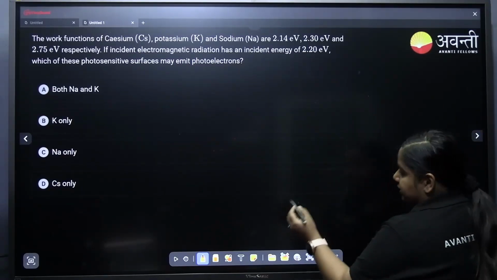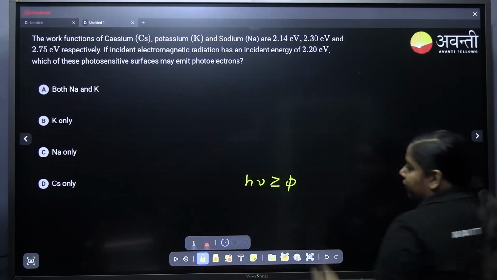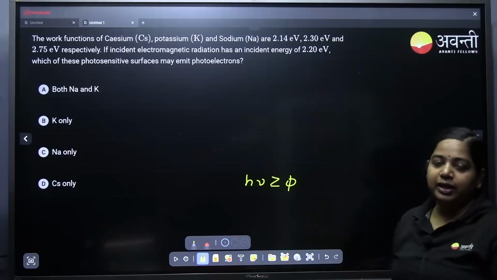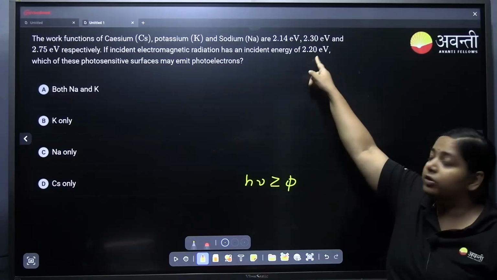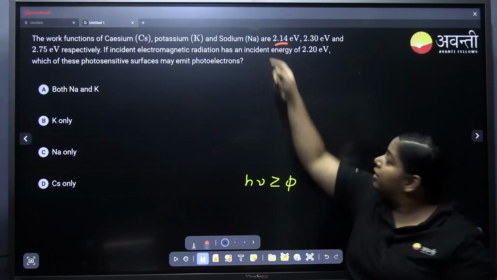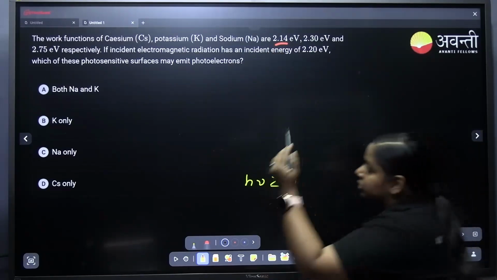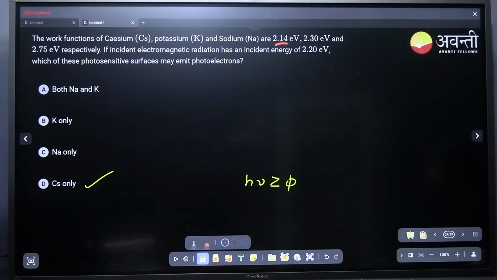Cesium, yes, that is the answer. H nu should be greater than or equal to phi, then only electrons will be emitted. Here H nu is equal to 2.2, which is greater than only one value, 2.14, that is for cesium. So photocurrent only in cesium. Is that clear?